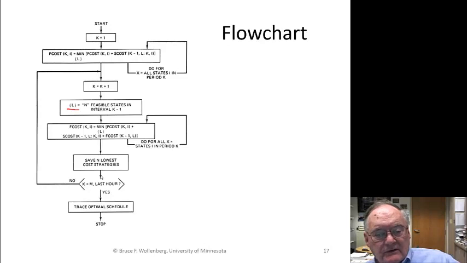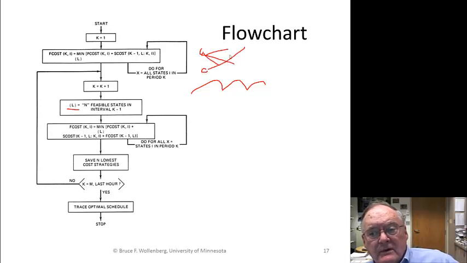Save the lowest cost strategies. If it's not the last hour, we increment k again. So we're just jumping from one hour to the next, and we're looking at all these possible paths that we talked about before. And that's basically the execution of that recursive algorithm.